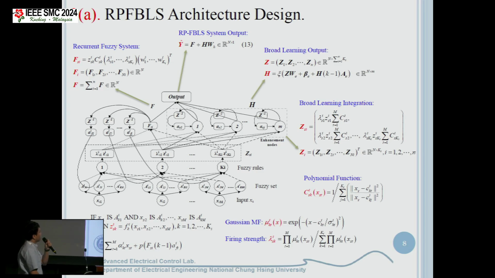And then for the fuzzy subsystem itself, we have Fs high here, and the output of these fuzzy systems is obtained from these capital F equations. Furthermore, for the broad learning system, we have capital H here, and then the output of the overall system can be obtained from this capital Y hat equation, equation 13.